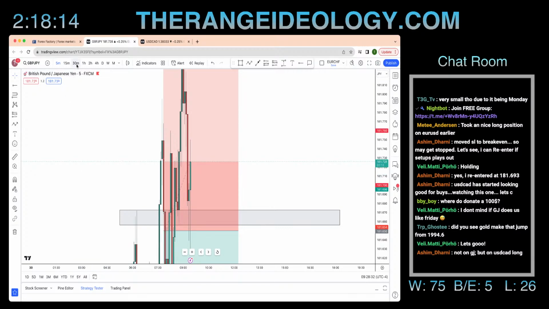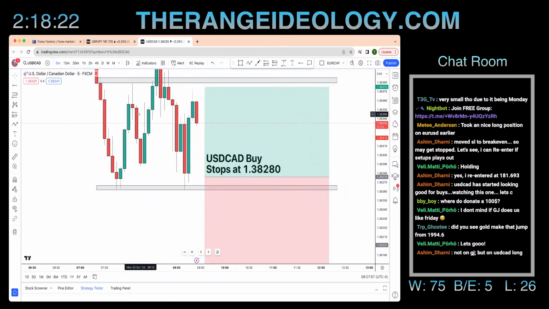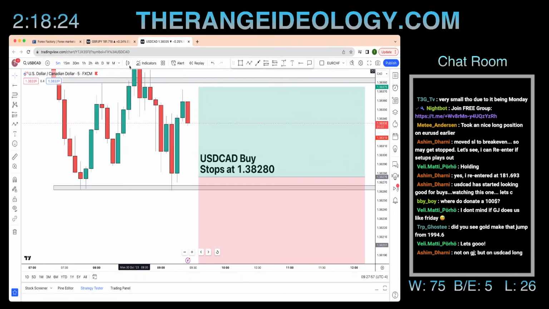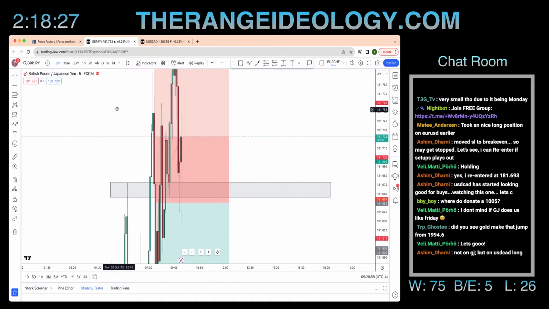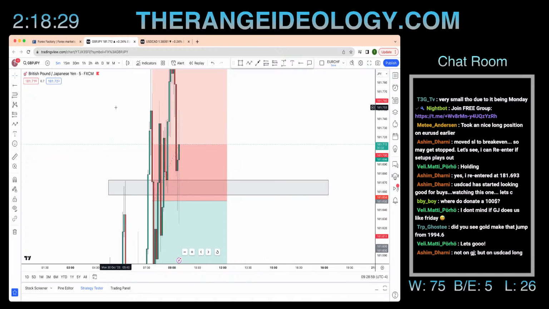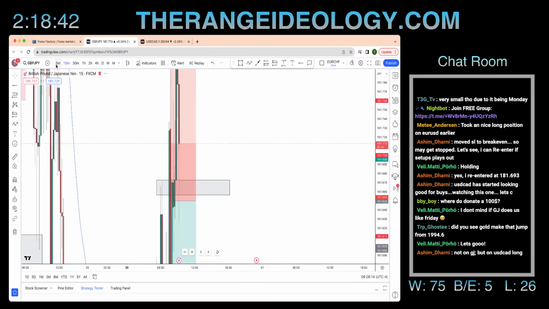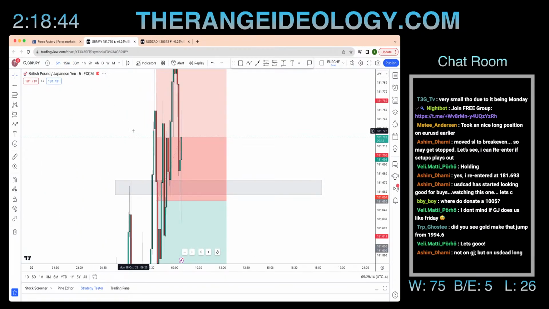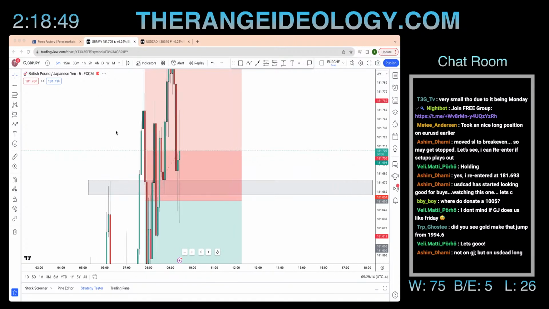Okay, less than 2 minutes left, guys. This 30-minute close is very, very critical here. And USD CAD is coming down as well. All right, here comes the 30-minute close, guys. Less than a minute left. Let's see.